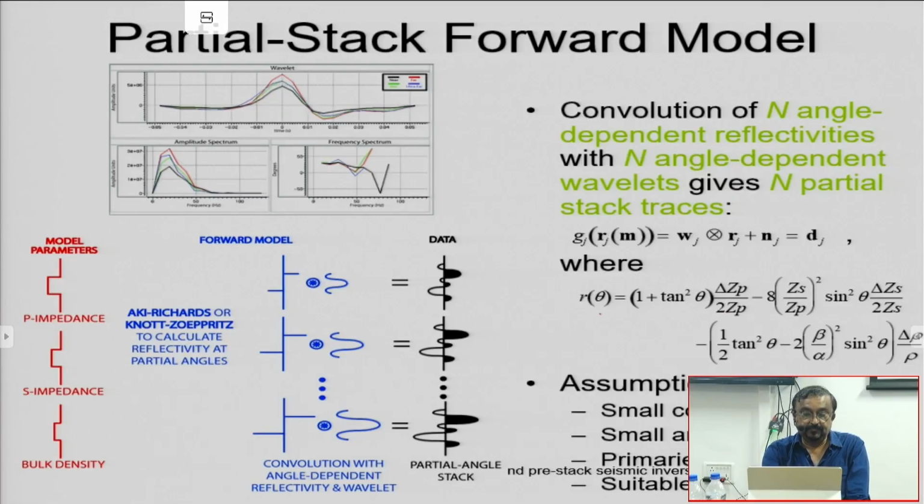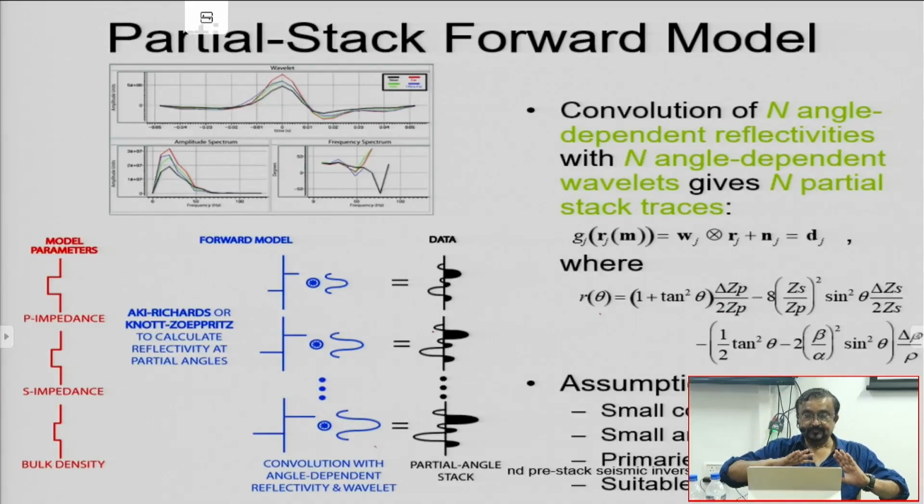And for practical purposes, we also use different wavelets. The reason we do this is because as you do the NMO, NMO causes some stretching, so it's effectively equivalent of changing the wavelets. So for different angles, I have angle-dependent wavelets and angle-dependent reflectivity.